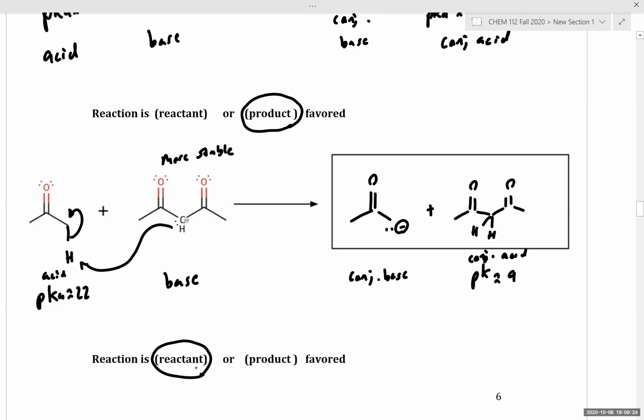Does this example make sense? Yeah, and just to clarify on the arrow pushing, so we just draw to the proton that's going to be donating, and then you just show where it breaks. Yep, exactly.